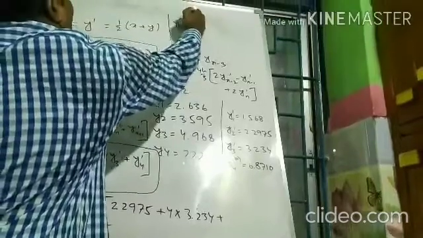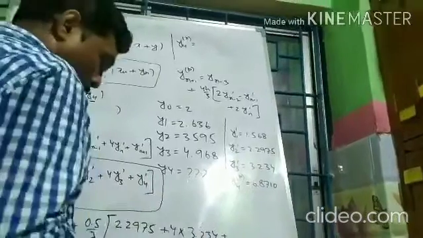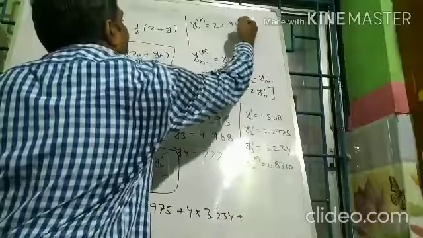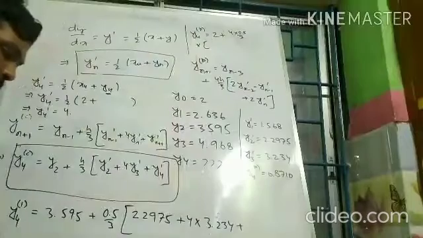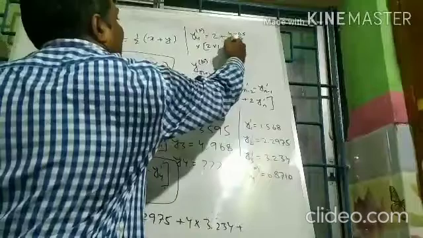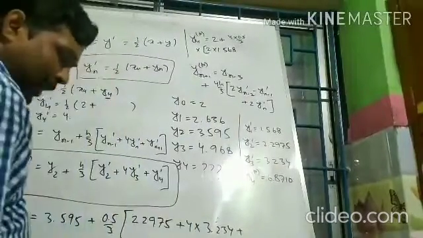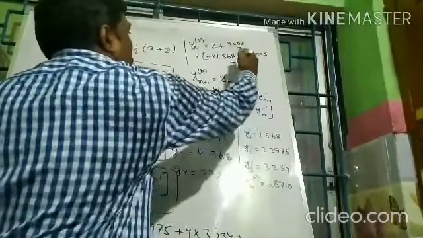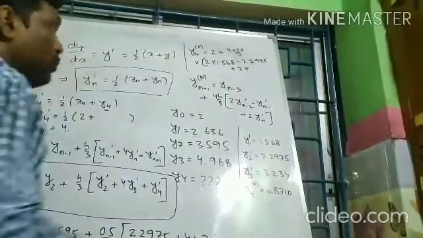What is y4p? y4p is y0, and y0 is 2, plus 4h by 3 into 2 y1 prime minus y2 prime plus 2 y3 prime, where h is 0.5, 2 into y1 prime is 1.568, y2 prime is 2.2975, and y3 prime is 3.324.